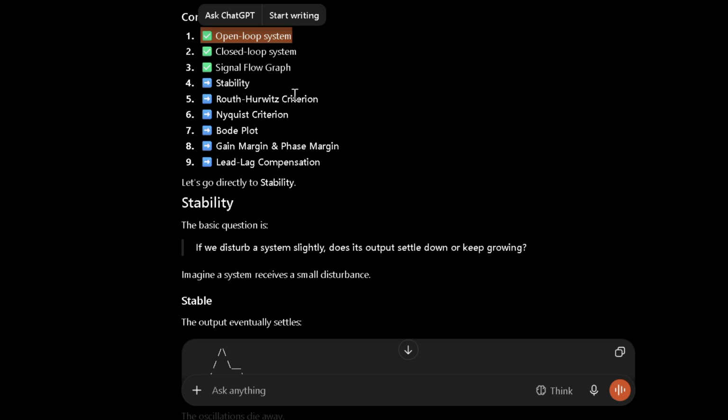Signal flow graph, I don't know. Stability means there are some values. If all poles are in the left half plane, the system is stable.